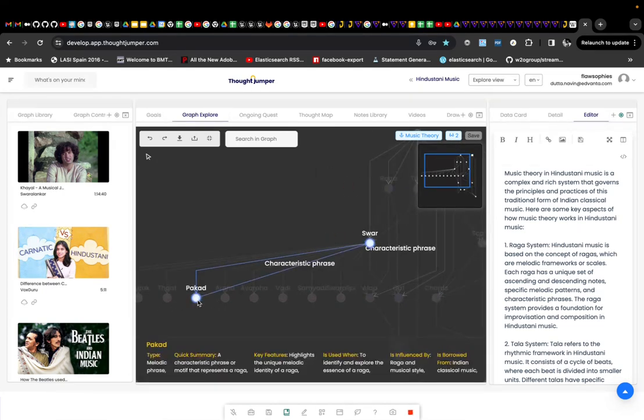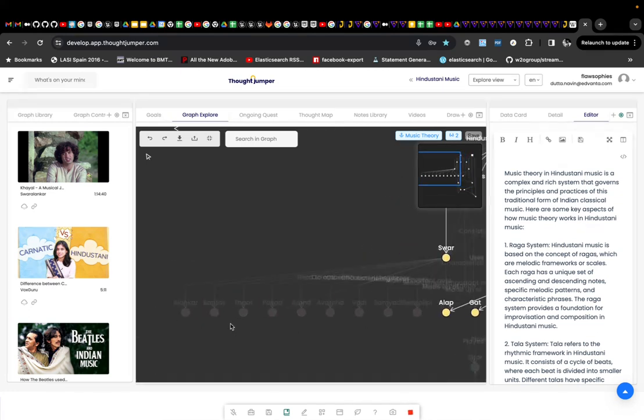Following a certain rule or a motif or a key phrase when you create music, it's called pakad of that particular raga. Ragas are classified into different jatis and thats, which is again different kinds of families of ragas depending on the structure and the emphasis on certain notes.